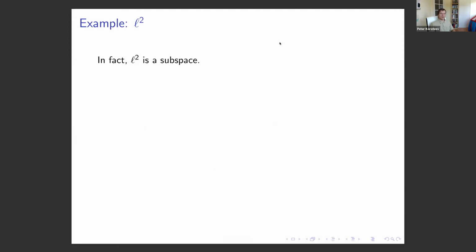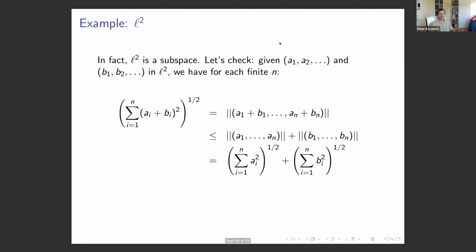One can check that L2 is a subspace. Given two sequences in L2, for each finite n, let's calculate the partial sum of this distance formula: the square root of the sum from 1 to n of (ai plus bi) squared, which is the norm of ai plus bi. By the triangle inequality that we discussed previously, this is less than or equal to the sum of norms of these individual vectors.